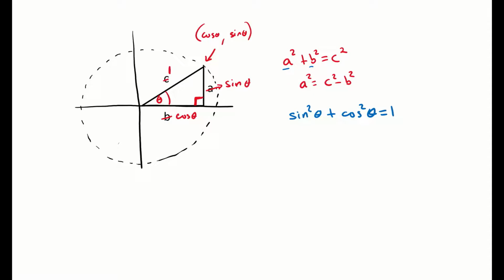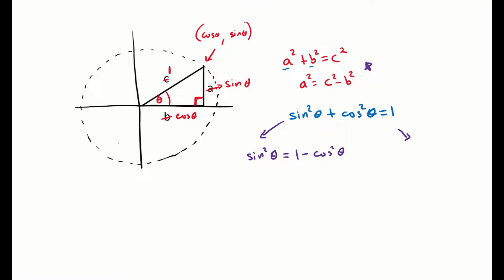So for example, notice how on the first one I solved for side A to get A by itself, right? And in similar fashion, if we take our Pythagorean identity and let's say we solve for sine squared theta, then I simply subtract cosine squared theta from both sides, and I end up with sine squared theta is equal to 1 minus cosine squared theta.